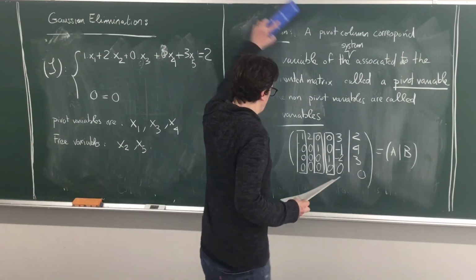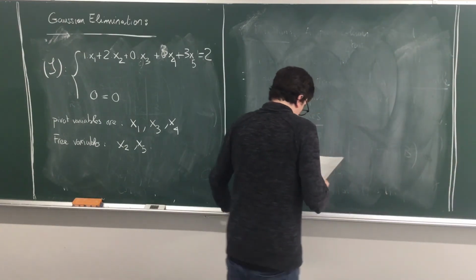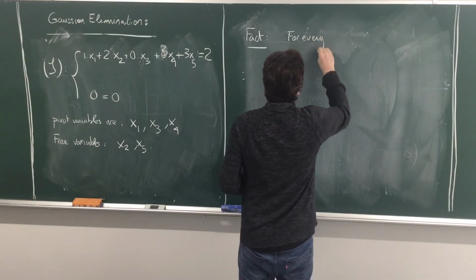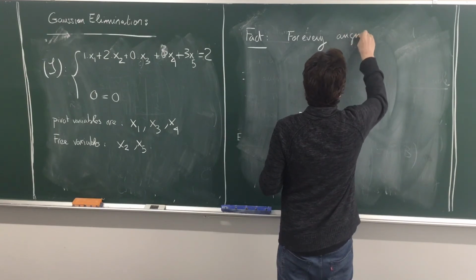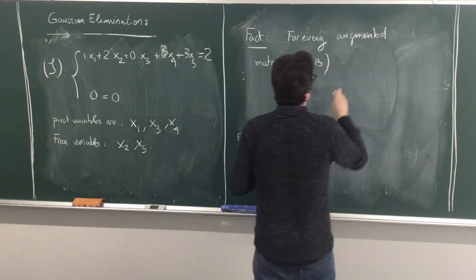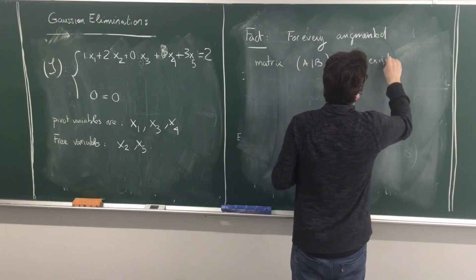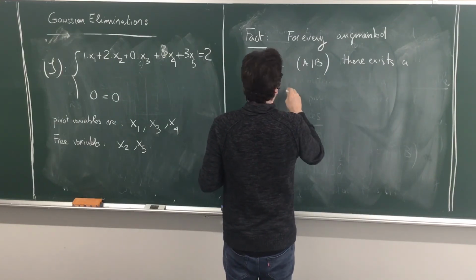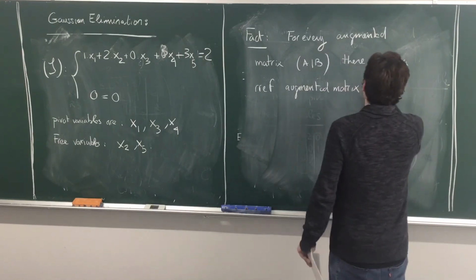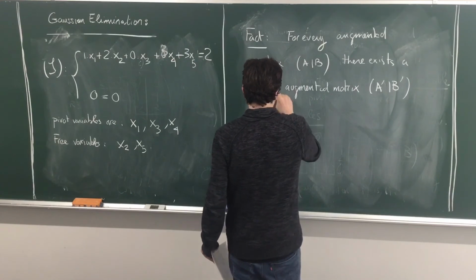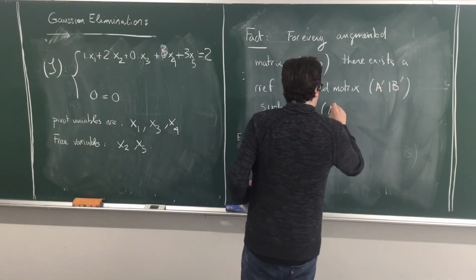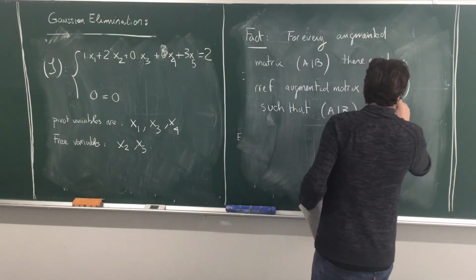So a fundamental fact, which I will not prove, but let's call it a fact: for every augmented matrix A, B, there exists a RREF augmented matrix A prime, B prime, such that A, B is row equivalent to A prime, B prime.